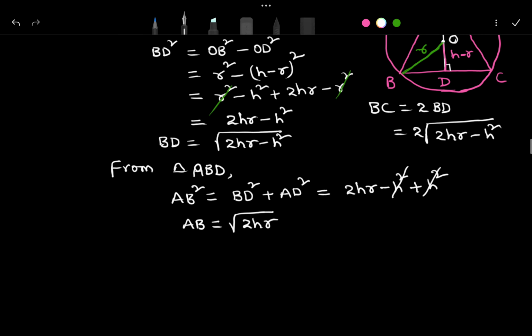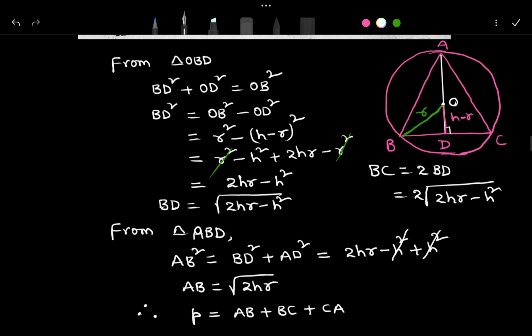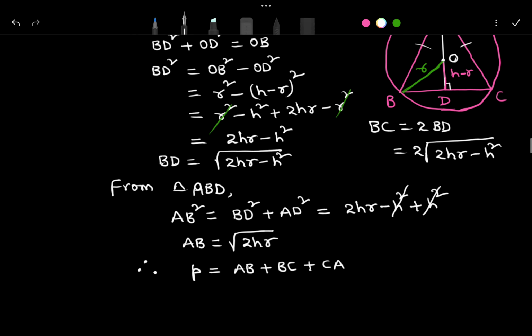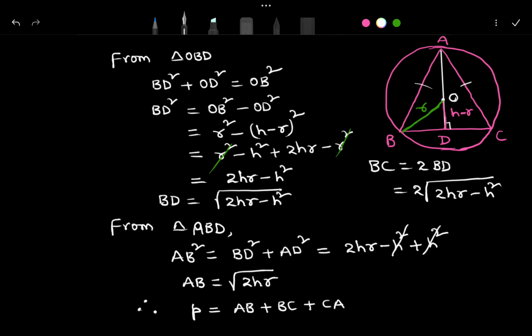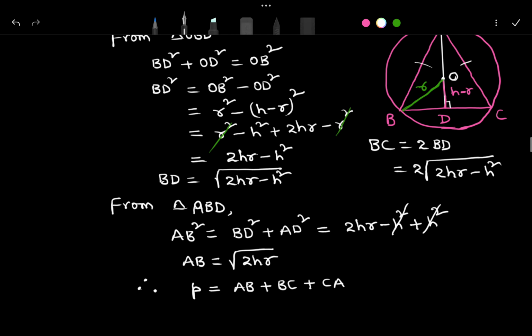Now what is the perimeter of the triangle? Perimeter P is equal to AB plus BC plus CA. In this triangle, AB and AC are the two equal sides. AB length is root of 2h into r, and AC is also the same.